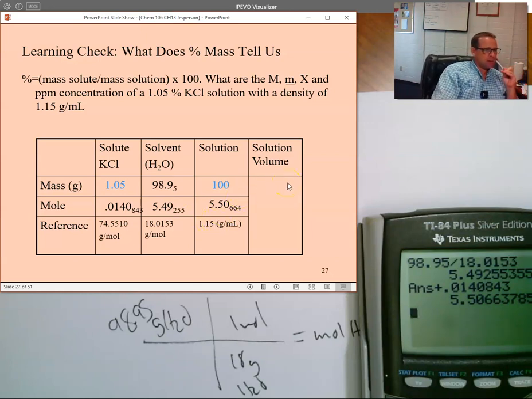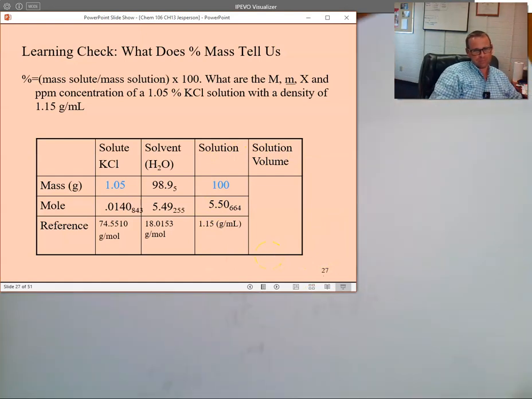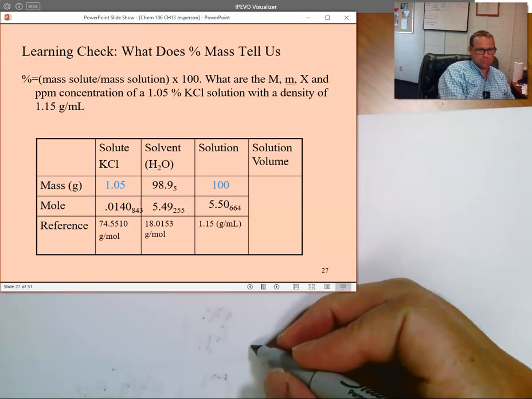All right, Harry, are you going to help us find solution volume? Same thing as before, we're in a loop. All right, what do we got to do then? You divide the mass by the density, which is 1.15 grams per milliliter.